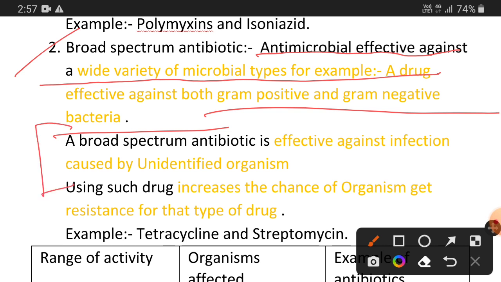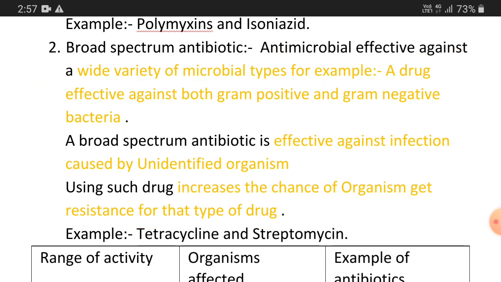A broad spectrum antibiotic is often used when you don't know which organism is responsible for which type of infection. But there is a chance of emergence of drug resistance when you use a broad spectrum antibiotic. That is why I have explained that when you know a particular infection is because of a particular type of organism, please use a narrow spectrum antibiotic.